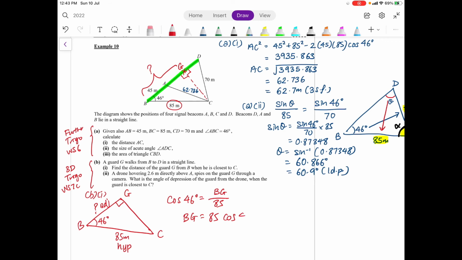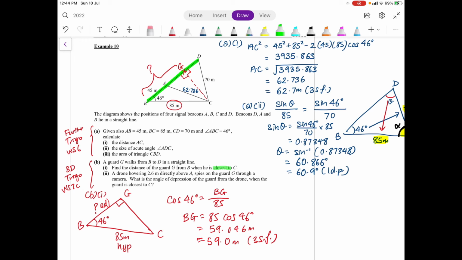BG is 85 cosine 46, which is 59.0 meters, 3 SF. Okay, so I found BG.